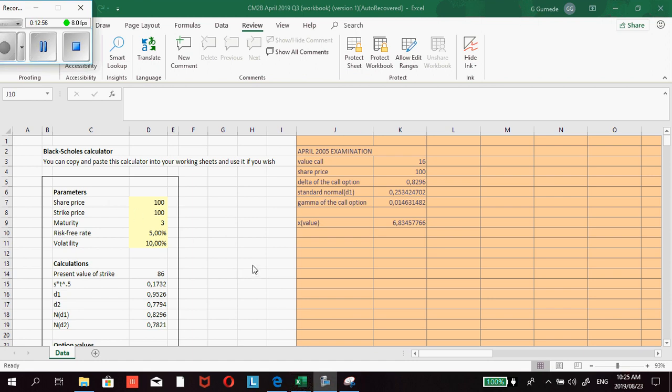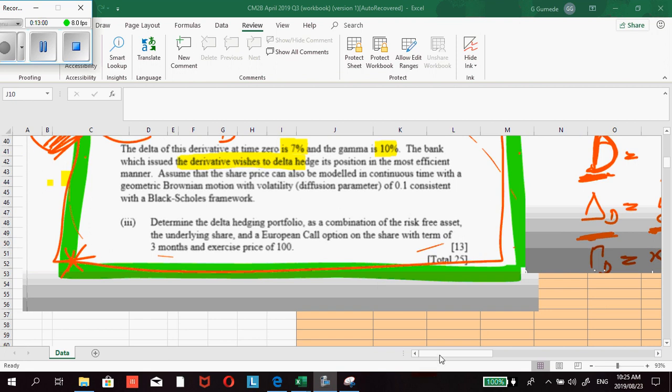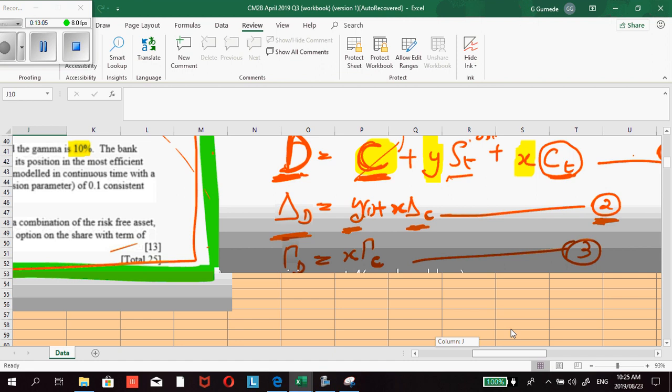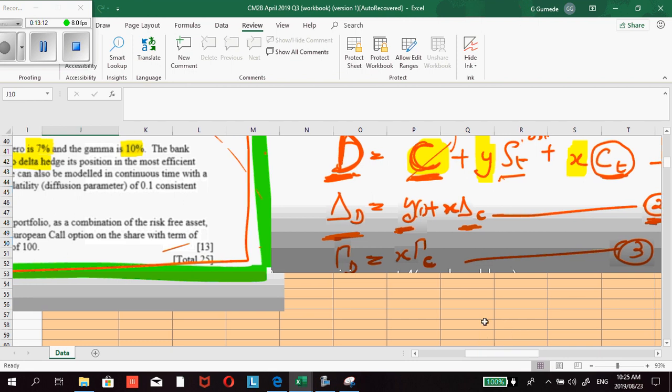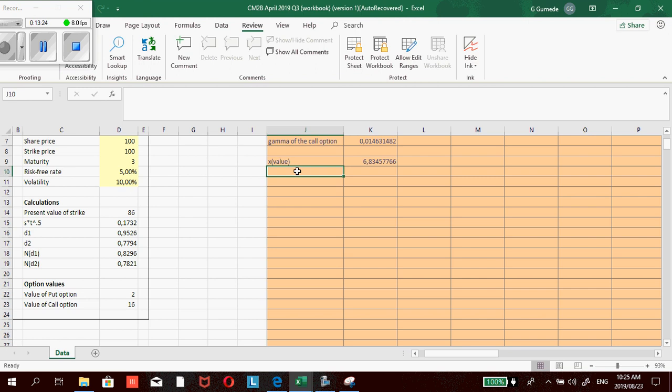Now that I've got X, if I look at equation 2, I can find Y, because Y will be the delta of the derivative minus X times the delta of the call option. So now I'm ready to calculate my Y value.